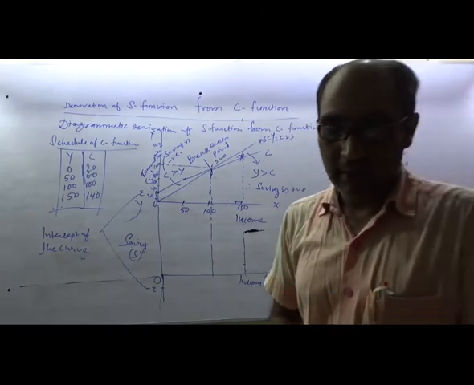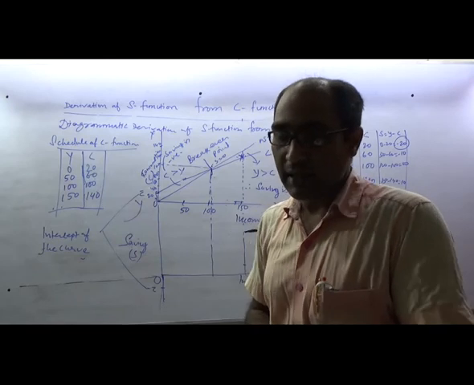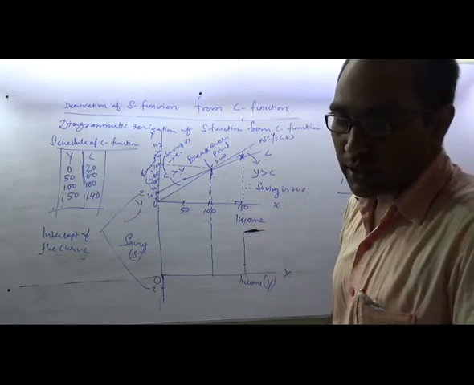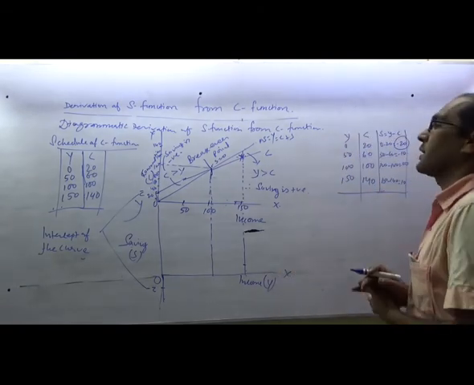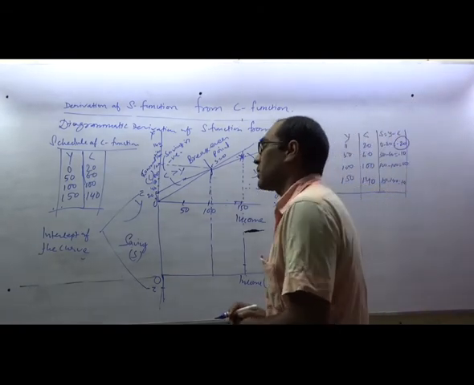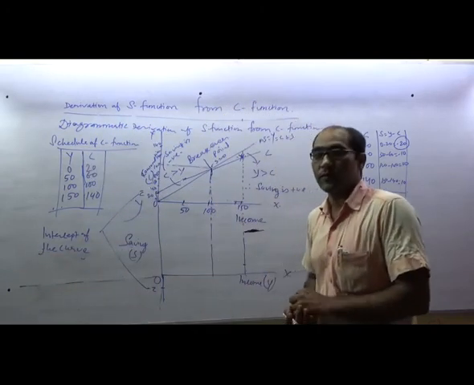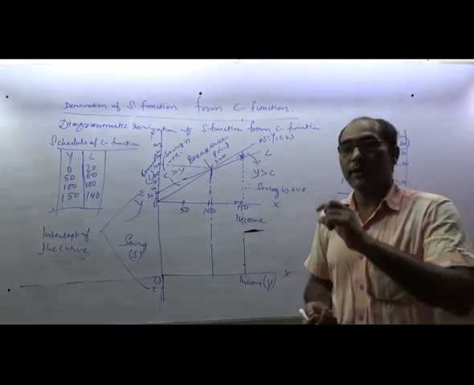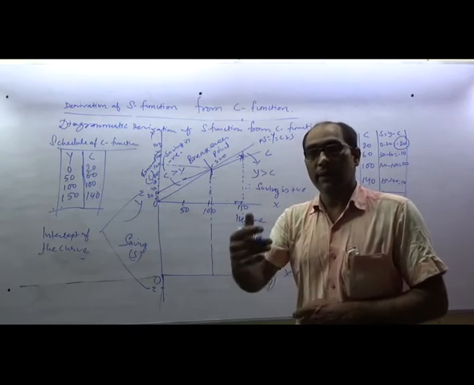And the third, the S function is a linear function because the S line is a straight line moving upward from left to right. See the concept of a straight line or linear consumption and saving function. This is the assumption we take. There is a linear relationship between consumption and income as well as between saving and income.